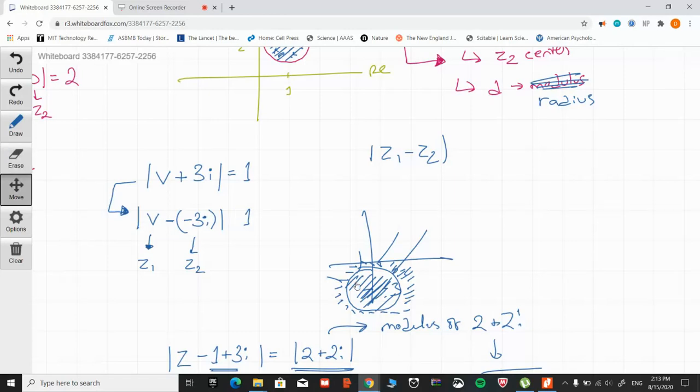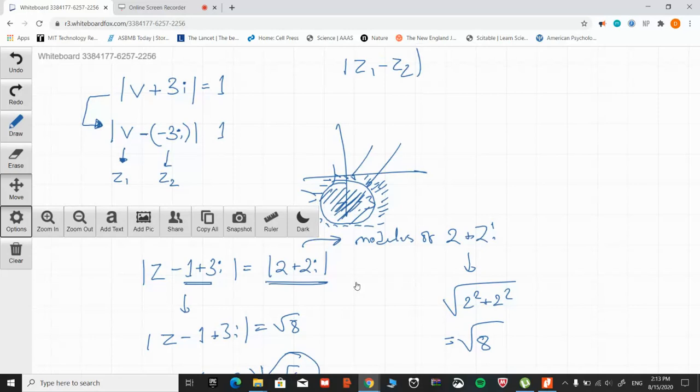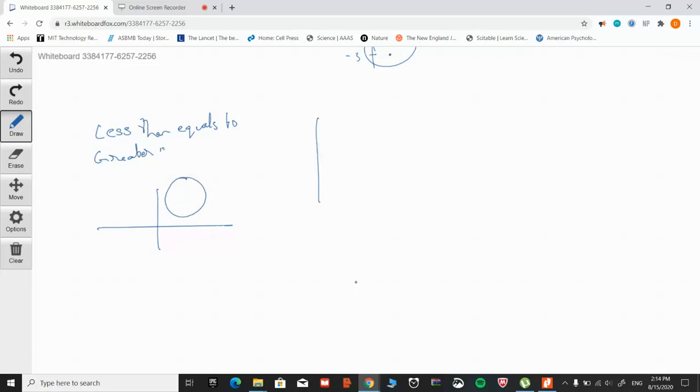Well, just keep in mind that less than equals to or greater than equals to give you solid circles, and just less than or greater than with no equals to essentially gives you dotted circles.